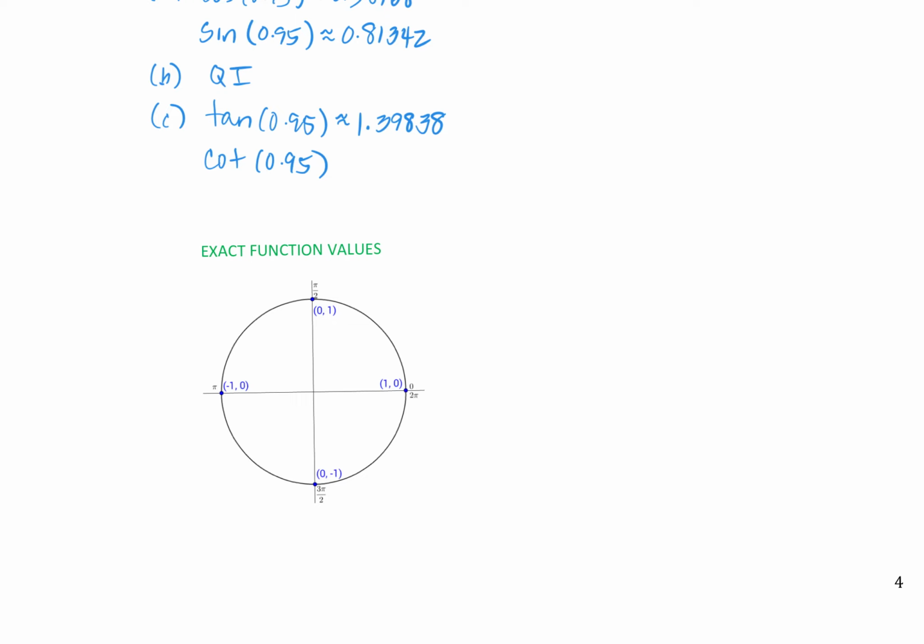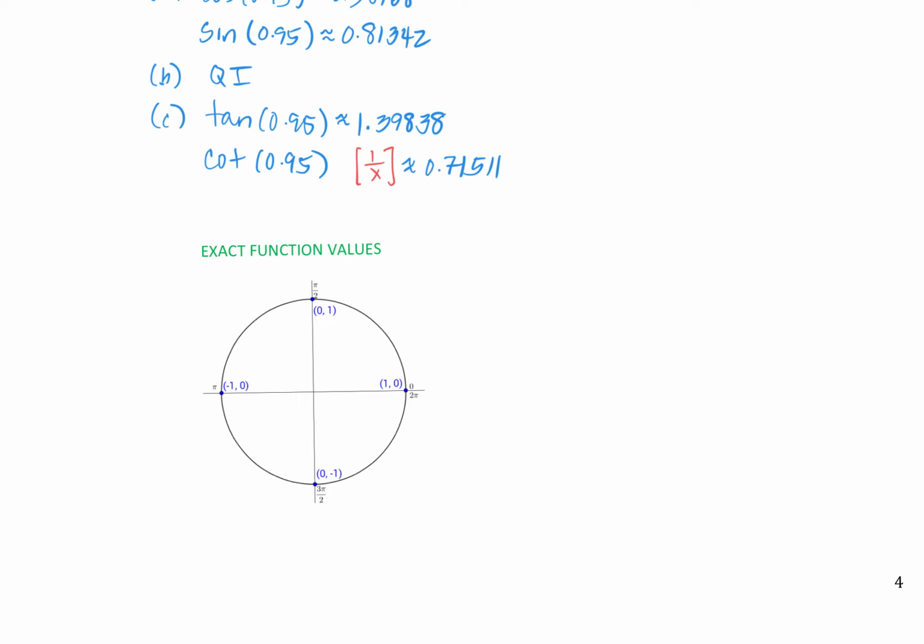You could find tangent and then hit that 1/x key in your calculator, and that tells you you're going to find the reciprocal value. So that would give you 0.71511.